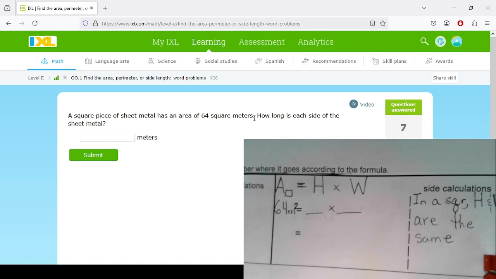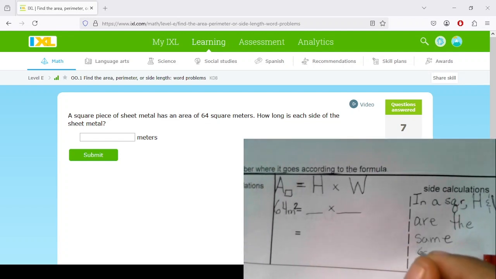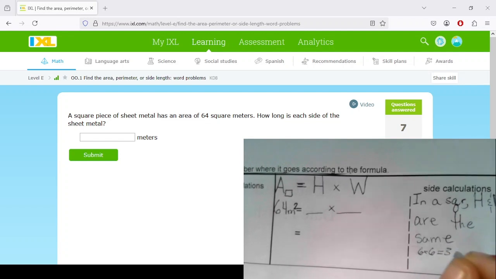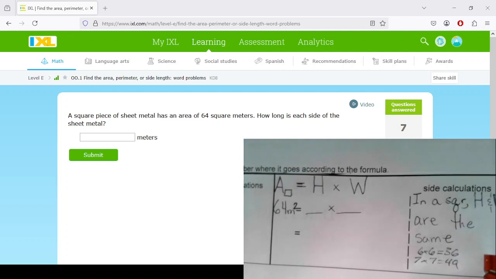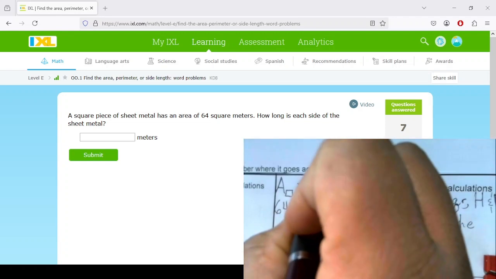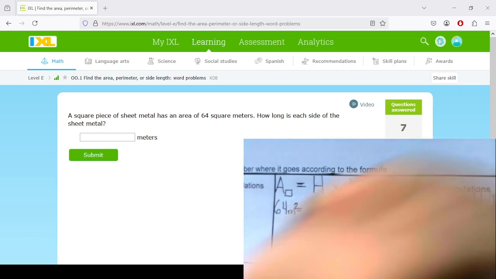I know that 5 times 5 is 25, which is too small, so I'm going to go up from there. 6 times 6 is 36. Still too small. 7 times 7 is 49. Still too small. 8 times 8 is 64. Great, I found it. 8 times 8.